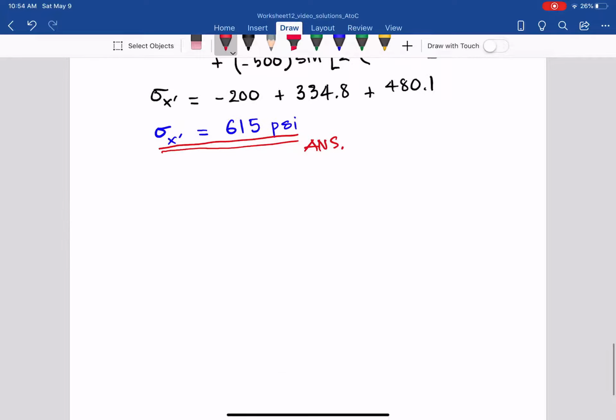Of course, the next will be the shear stress on plane AA. So apply the equation again.